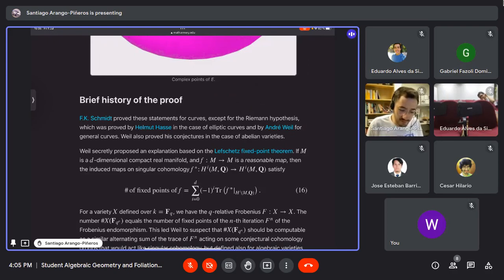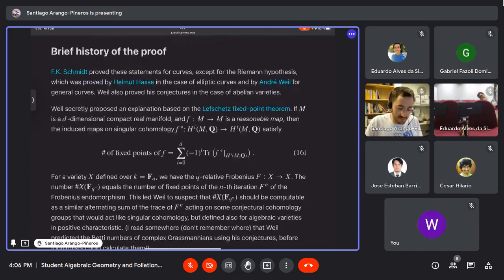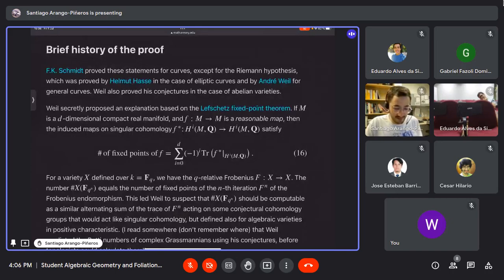And Hasse proved the conjectures for elliptic curves. So Weil not only proved the conjectures in several cases, but he also proposed a strategy to prove them.